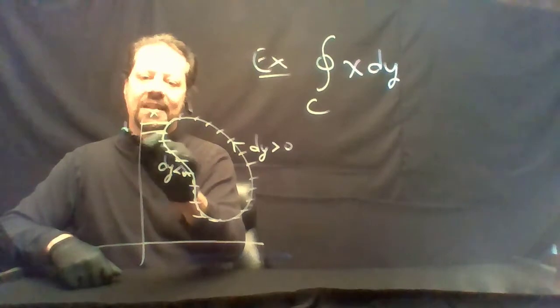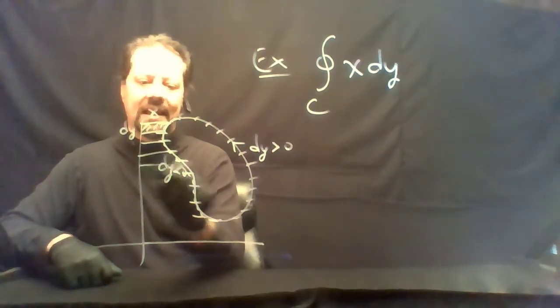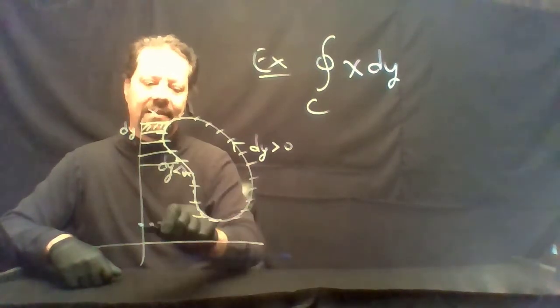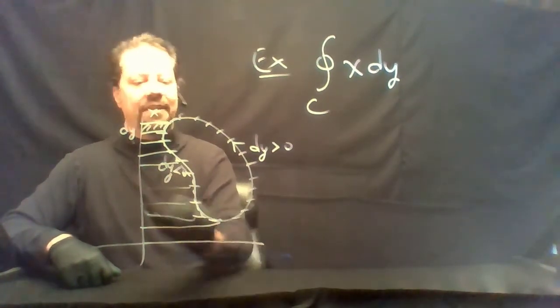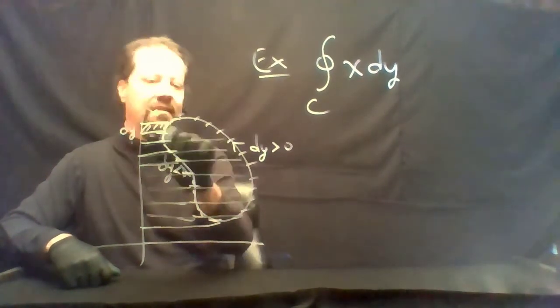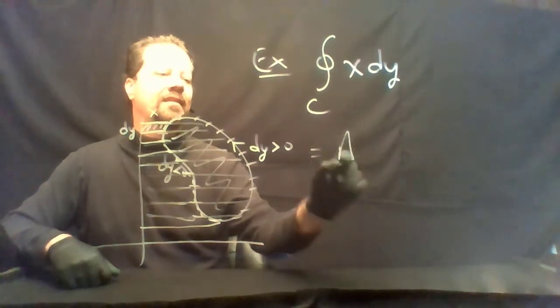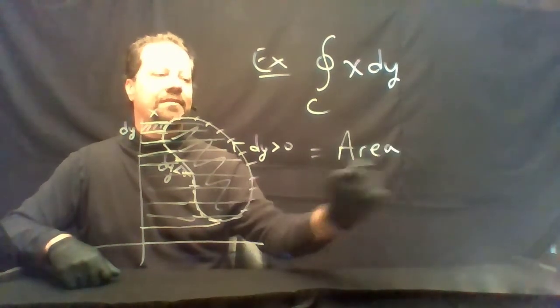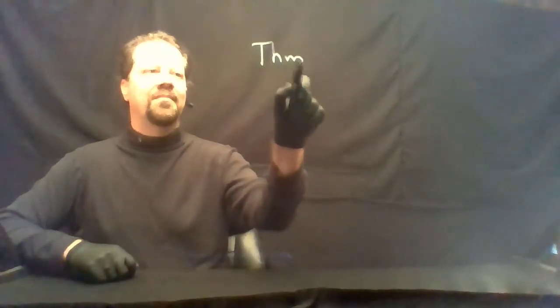And x times the dy gives us areas of little rectangles. In this case, there'll be negative areas and then positive areas as we go along the other side. The net will be the positive area enclosed by the curve. Positive this time.